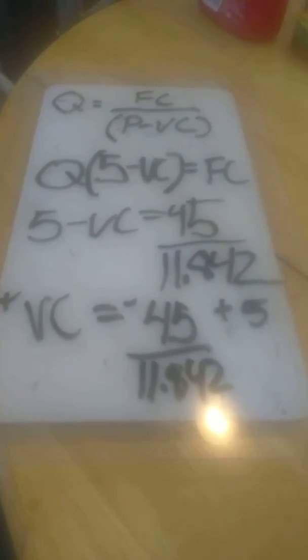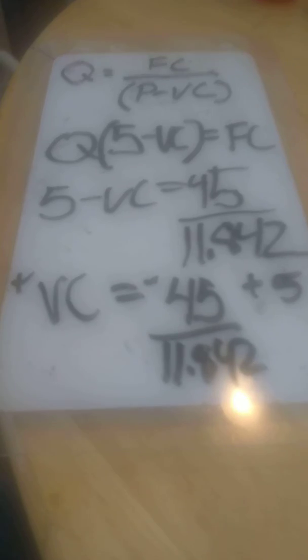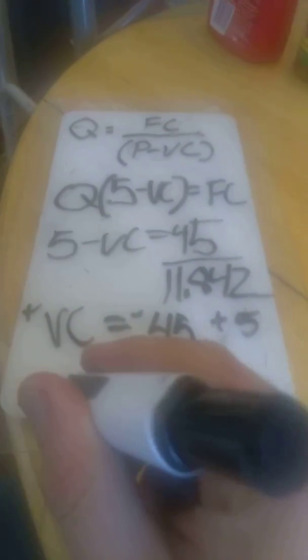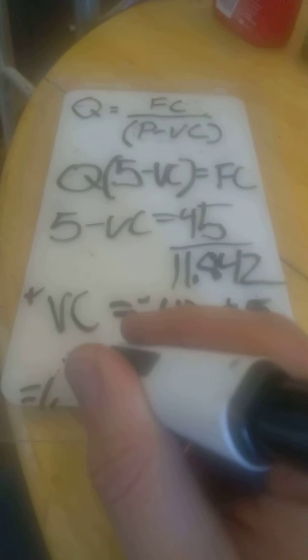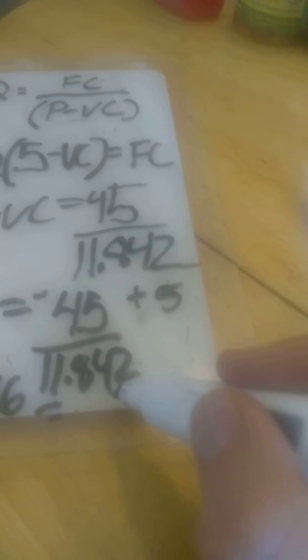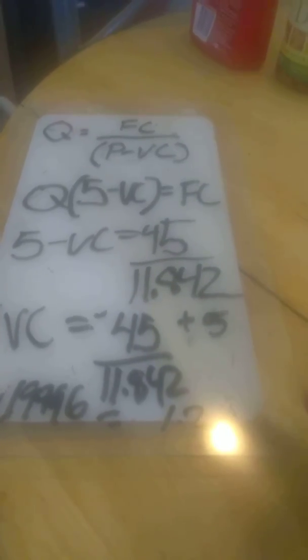When we do all that, we're going to come up with approximately 1.1996 equals 1.1996, and if we round that up, we'd have approximately 1.2, which is the number we had before.